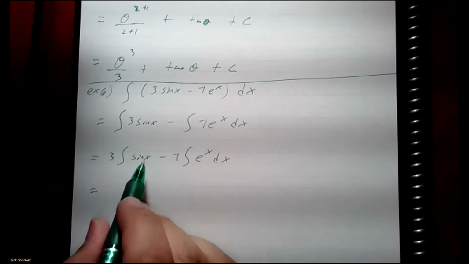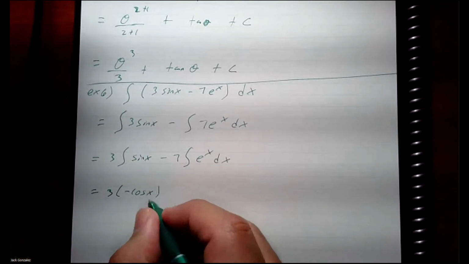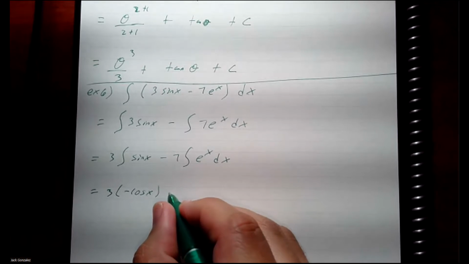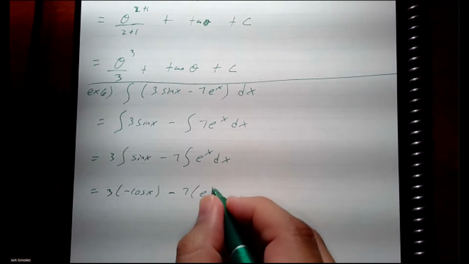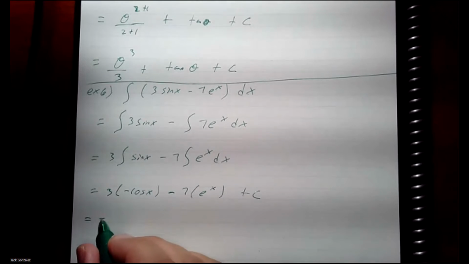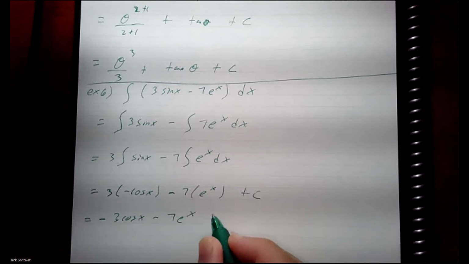Then integrate. Integral of sine is negative cosine. Integral of e to the x is always itself. So negative 7 times e to the x. Then you add your c. So this becomes negative 3 cosine x minus 7e to the x plus c.